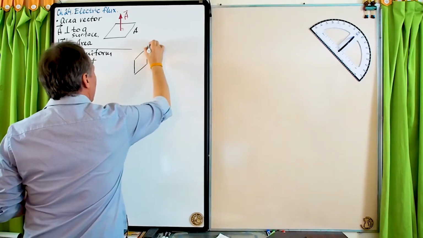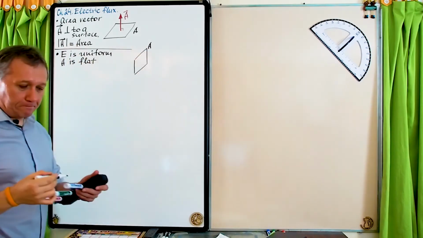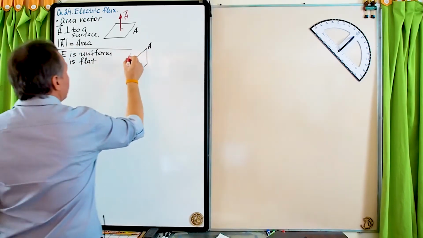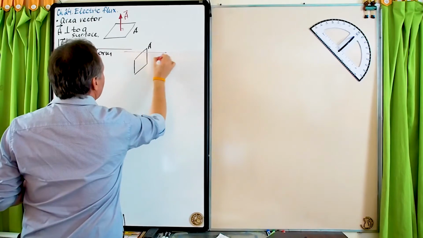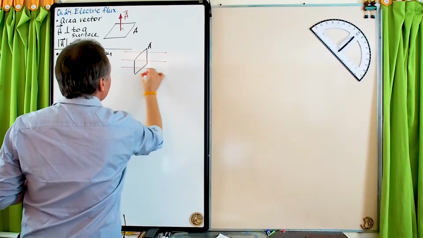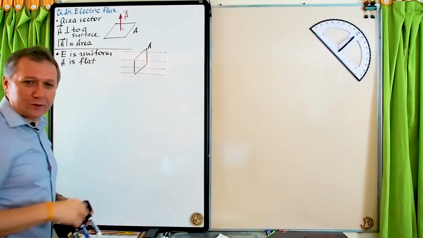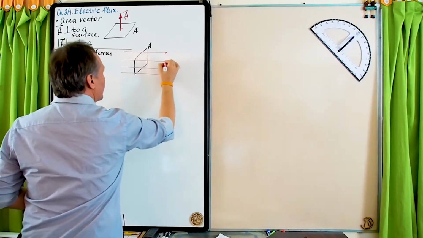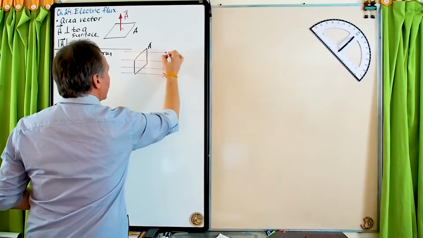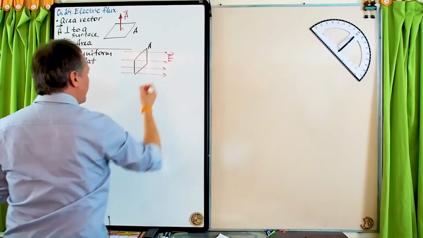So that's our surface A. Electric field, uniform. Okay, it somehow crosses over there. I just draw a bunch of lines, right? So uniform electric field, let's say E.